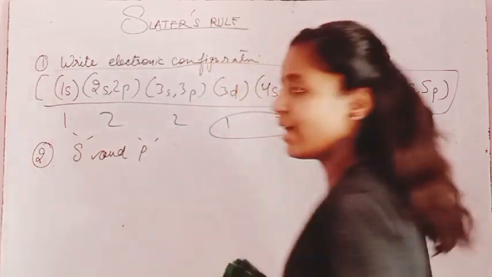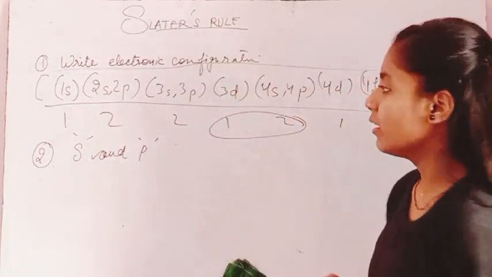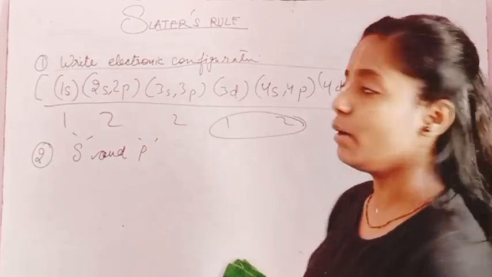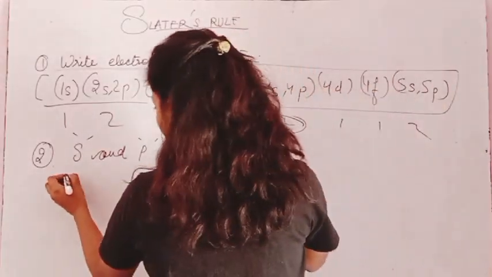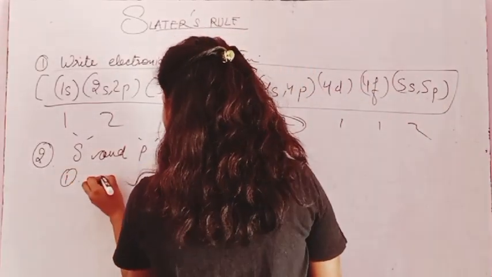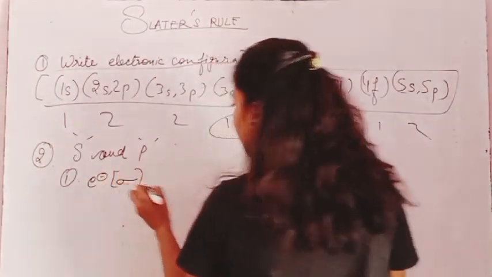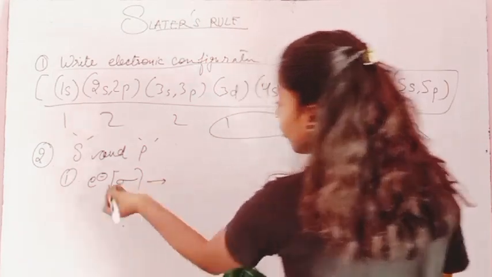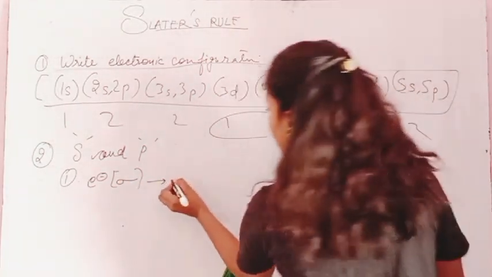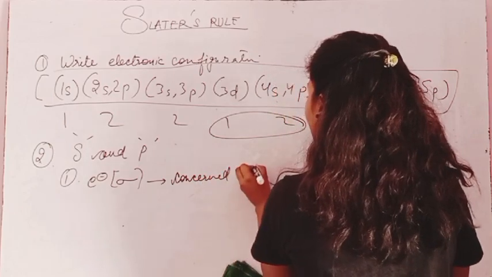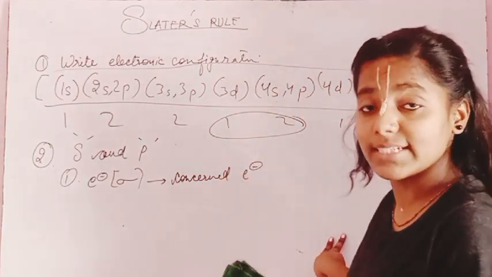What happens in S and P? Before understanding the rule for S and P, let me tell you one thing. The particular electron for which I want to find the sigma is known here as the concerned electron. What is known as the concerned electron?